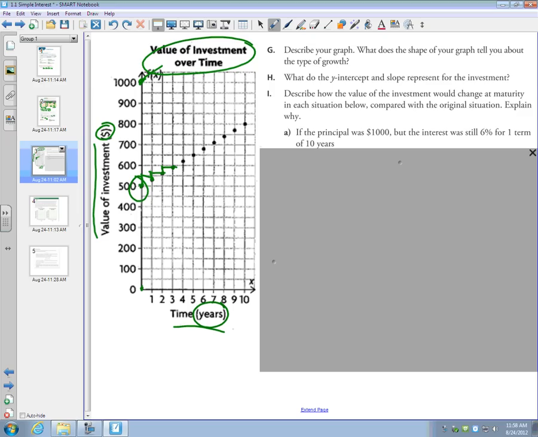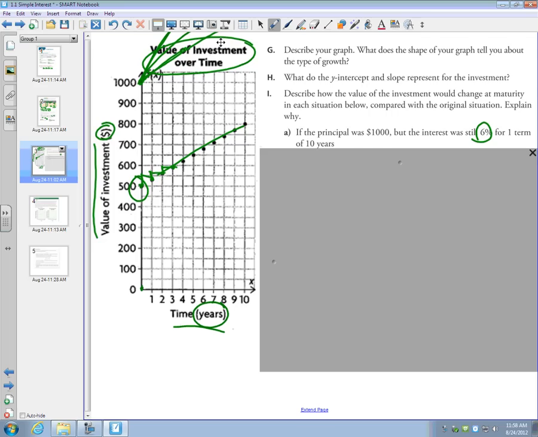It's still a 6% rate, but it's going to be more money that we start with. So the value of the investment would be greater because the interest earned per year would be double. So instead of earning it on 500, it's 1,000, so 6% of 1,000, we get $60 each year. So actually that would be a much higher slope. Okay?